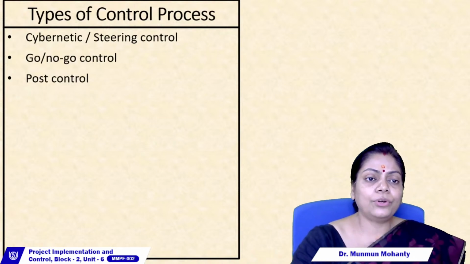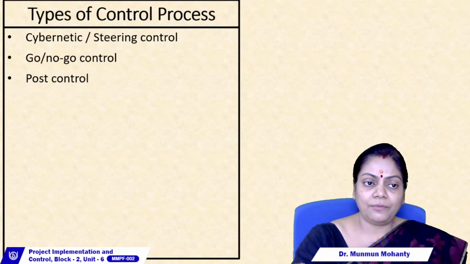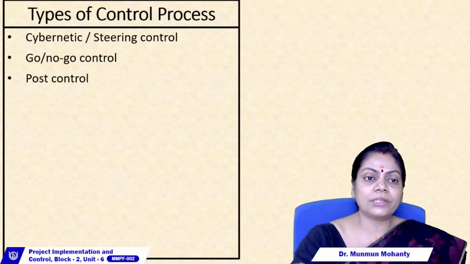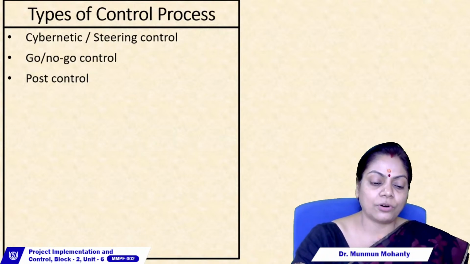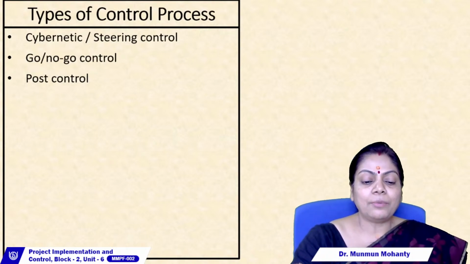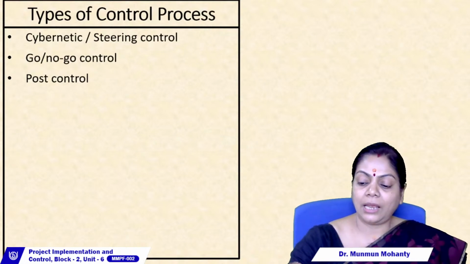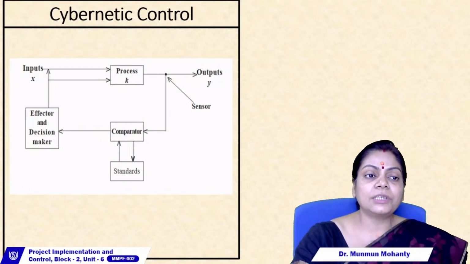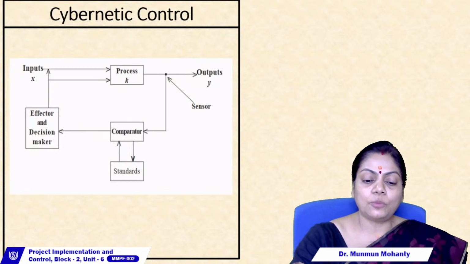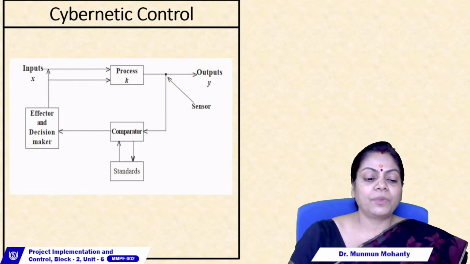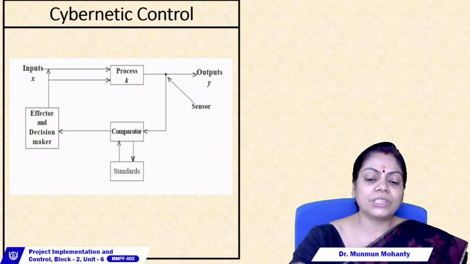Then you talk about the kinds of control processes that you can have. You can have three kinds of processes: cybernetics, also called steering control, go no go control, or post control. Cybernetics control is basically this: please have a look at the input, then you have the process, and then you have the output. What we do is monitor the system output.